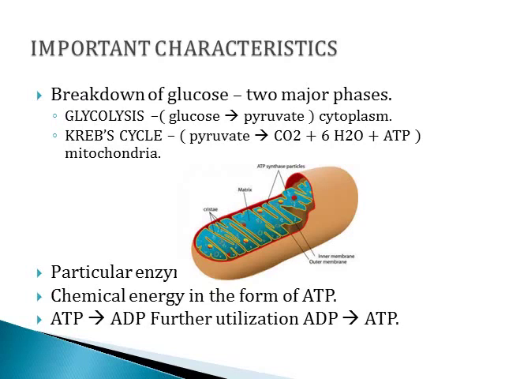When the energy in the form of ATP is used, the ATP is converted to ADP molecule. When the energy in the form of ATP is utilized by the plants, this adenosine triphosphate is converted to adenosine diphosphate, that is ATP to ADP. And when more energy is available by further breakdown of glucose, this ADP is again reconverted to ATP molecule.